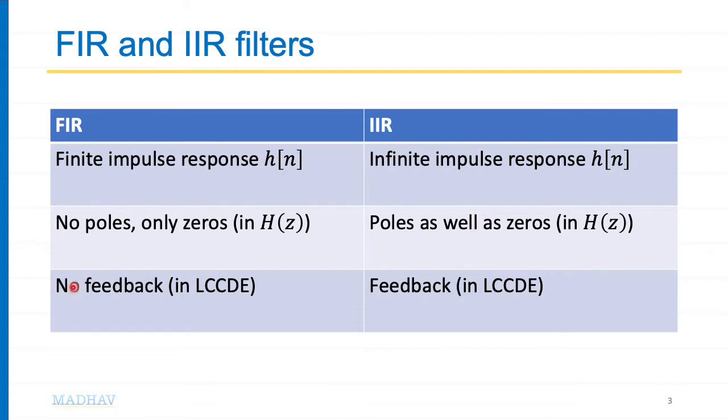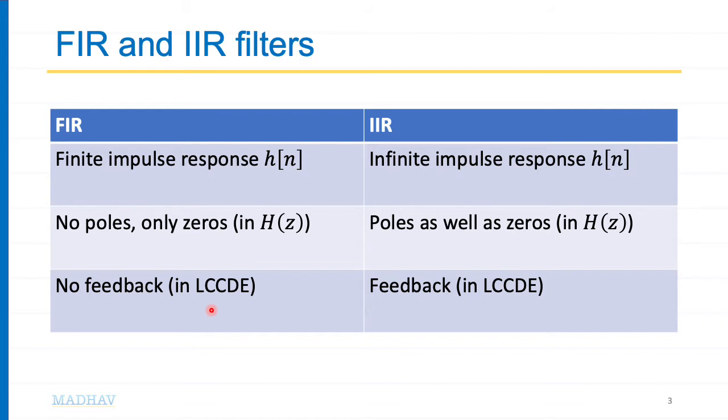And then how do we see FIR and IIR filters in terms of LCCD equations? In LCCD equations, there will be no feedback term for an FIR filter. Like y of n will not be a function of previous y's.